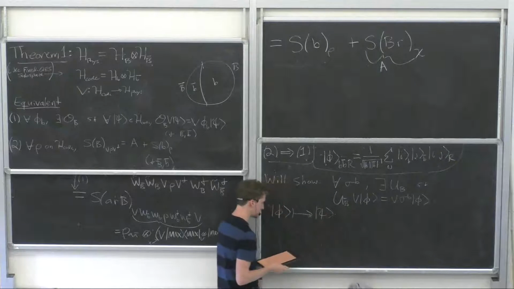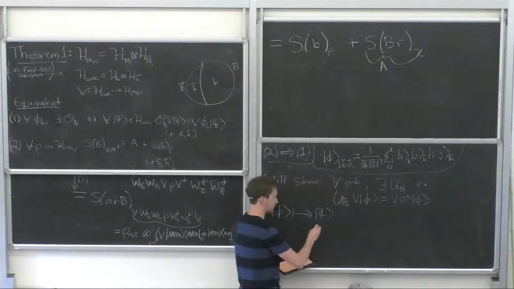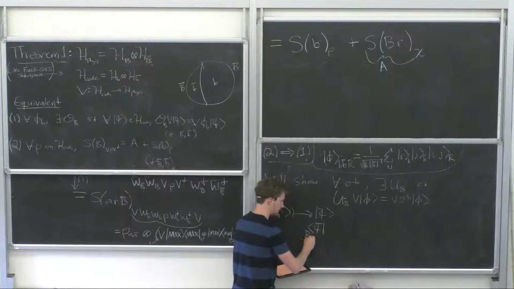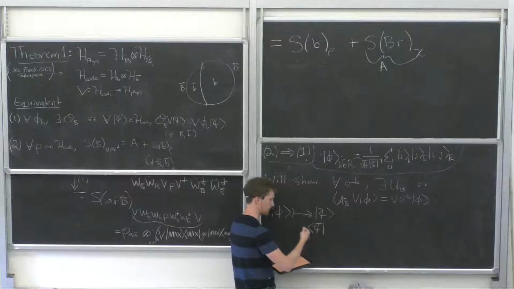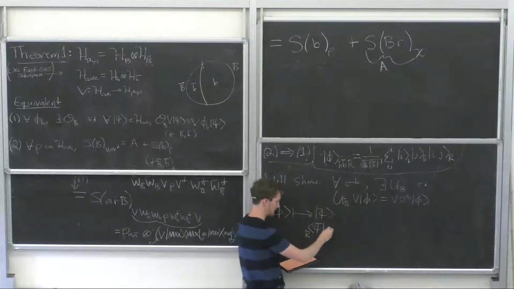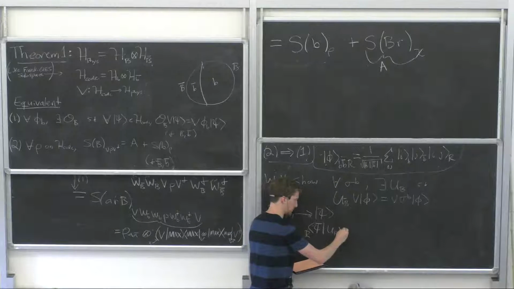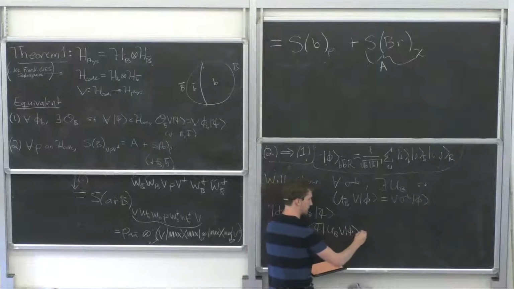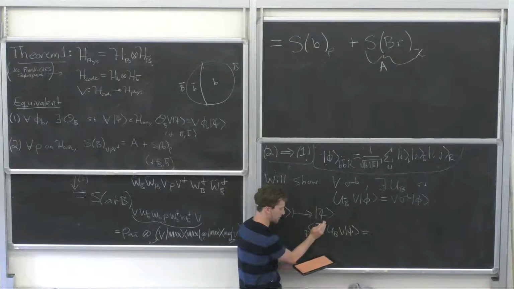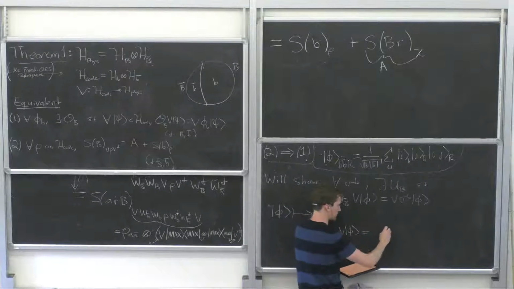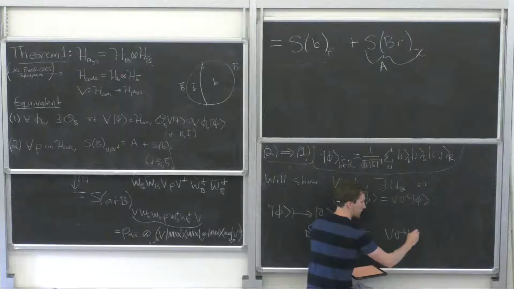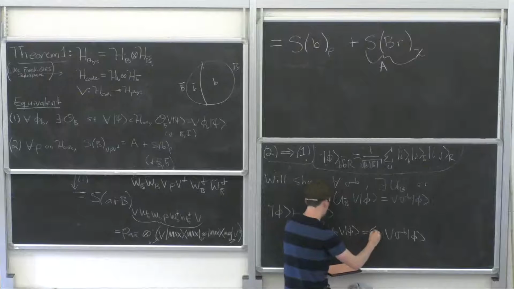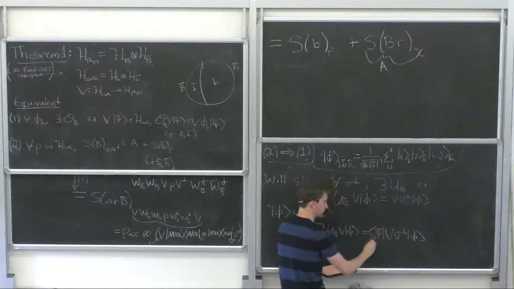The way you would do that is to act on both sides with some psi bar, the complex conjugate of psi, on the system R. I'm going to explain this a little more, but we just took the state U_B V phi, and before you imagine acting this bra, I have this formula I wrote up here, the one we're assuming for now and going to derive for all psi, and now act on both sides with psi bar on R.